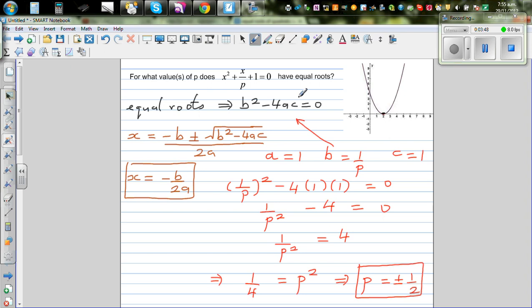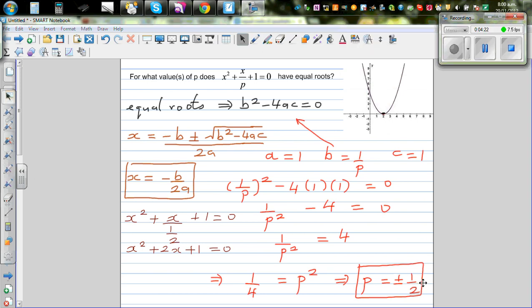So let us check whether the answer that we got is right or wrong. If you put p as half, this equation will become x squared plus x over half plus 1 equal to 0. Simplifying, this becomes x squared plus 2x plus 1 equal to 0.